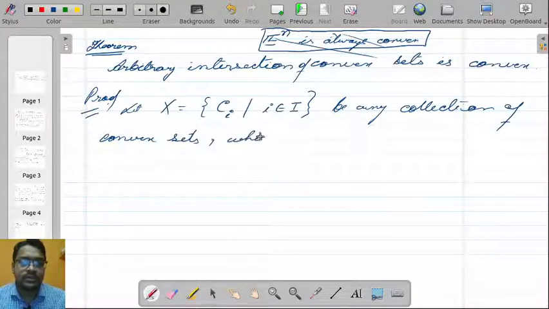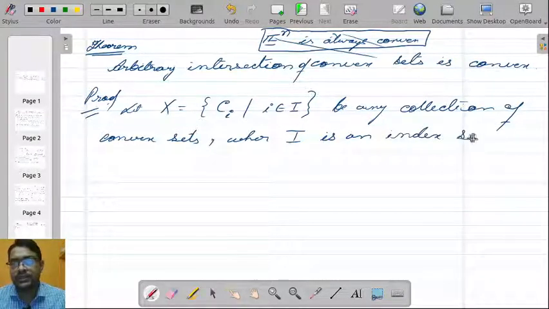Where what is this capital I? Capital I is an index set. What is an index set? It gives us the indices.